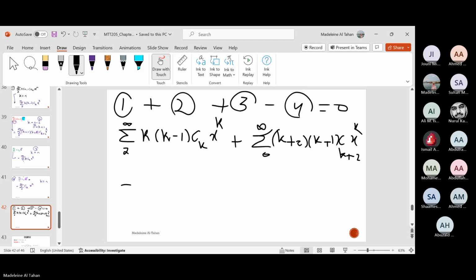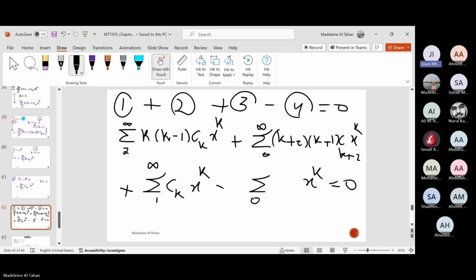Okay. This is minus, right? We said no, plus. Okay. Series 3? Sum from 1 to infinity of K CK XK. And then series 4? Negative, sum from 0 to infinity of CK XK.